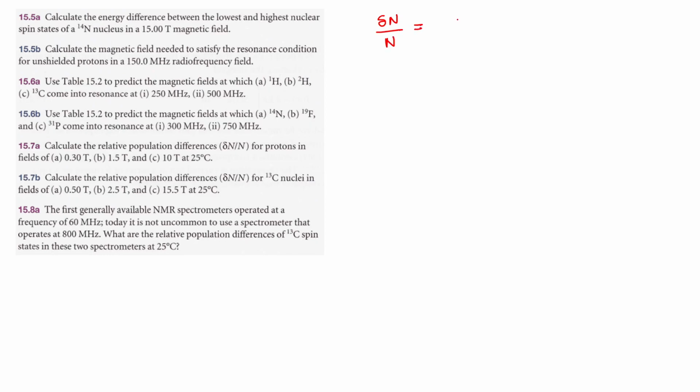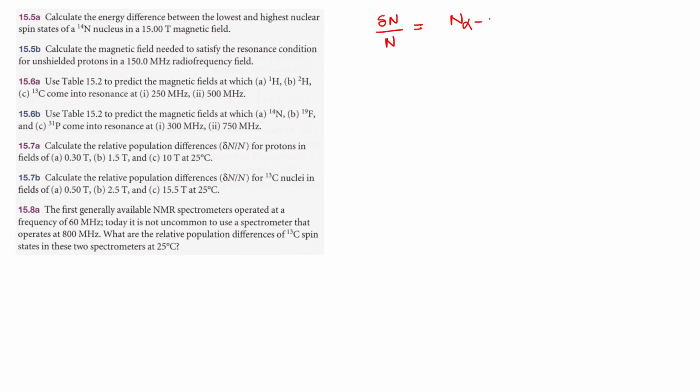This is the difference, that is your number of beta spins minus the number of alpha spins. Or I can also say number of alpha spins minus number of beta spins.